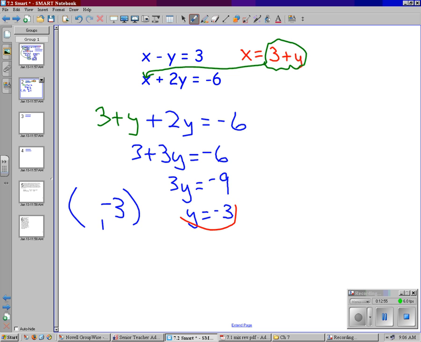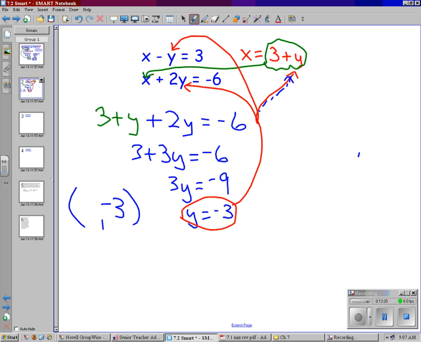So where y is equal to negative 3, I can put it in here, I can put it in here, or if you want, you could go into your equation that you rewrote. So it could go into any one of those places. Hint to you, I would probably go straight into this one.